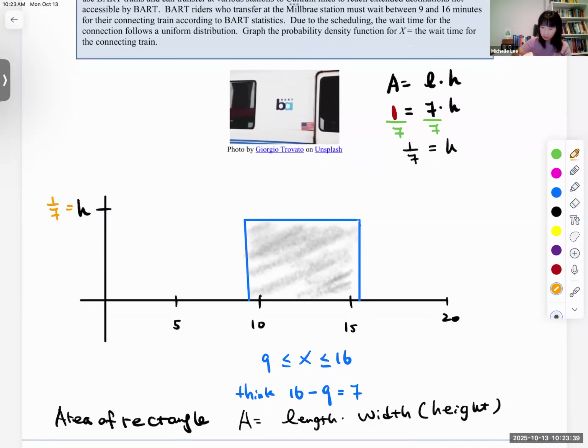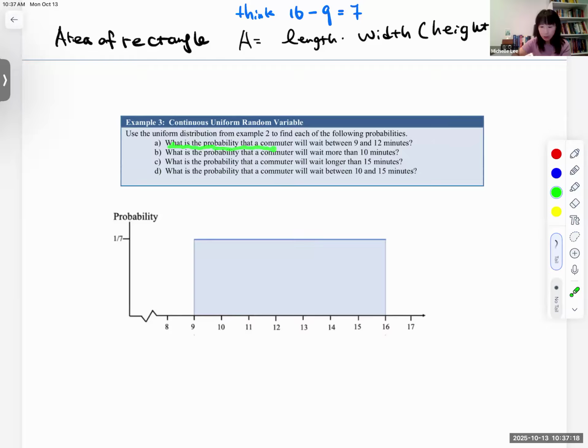What is the probability that a commuter will wait between 9 and 12 minutes? We know that area equals length times height.